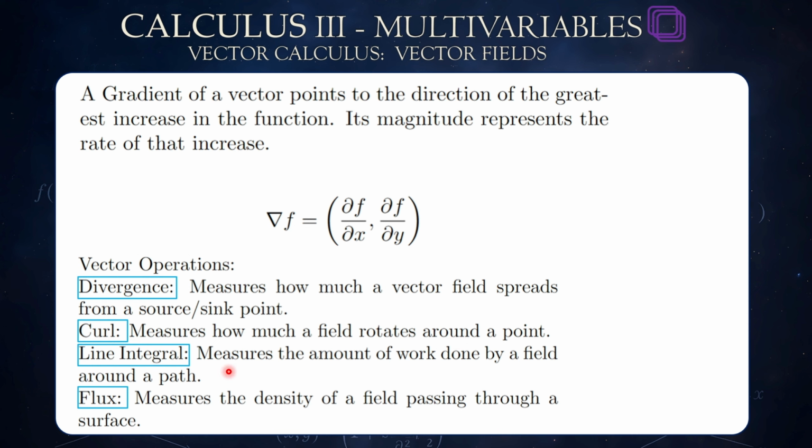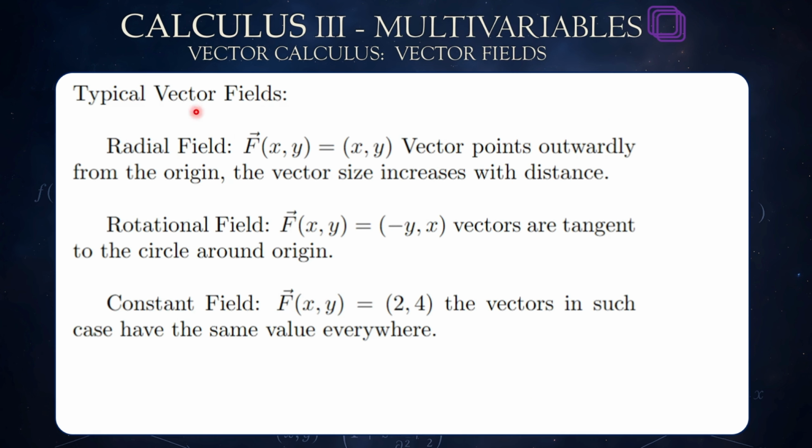Line integral, which measures the amount of work done by a field over a path, over a trajectory. And flux, which measures the density of a field passing through a surface, like heat, like electromagnetic flux, etc. And again, the gradient is a vector that designates the highest increase in a function. We get that by deriving the function in respect of x and y.